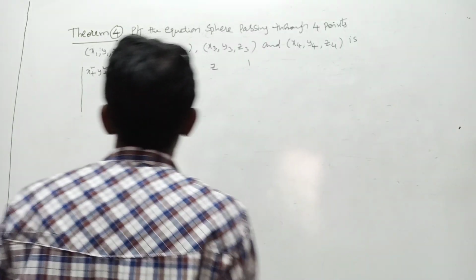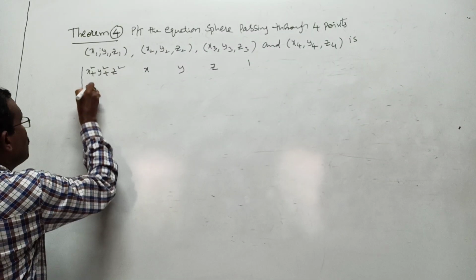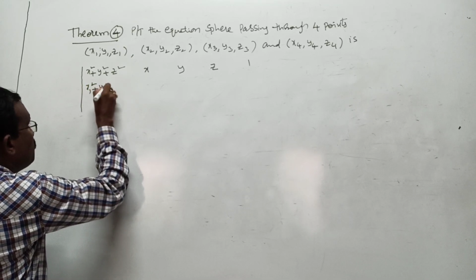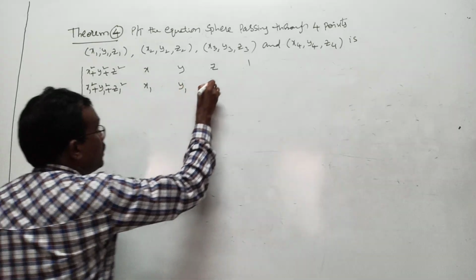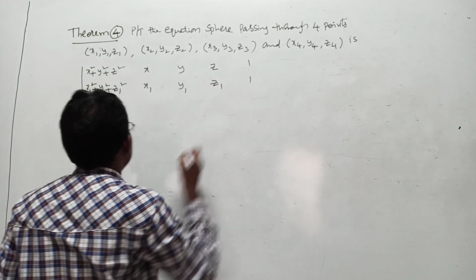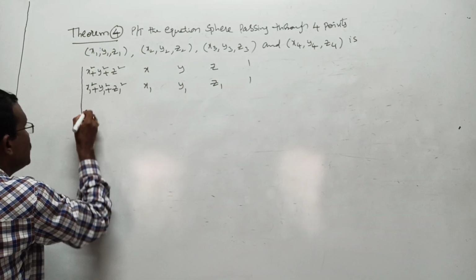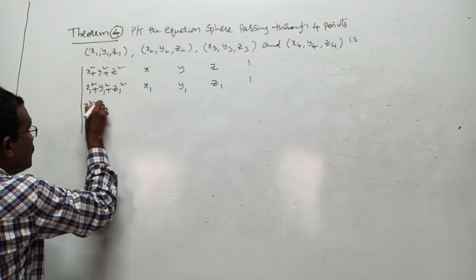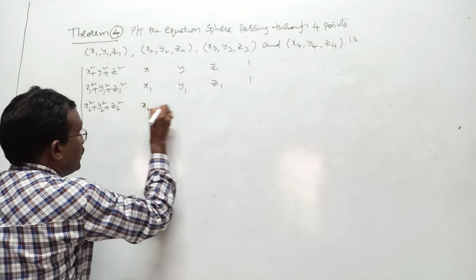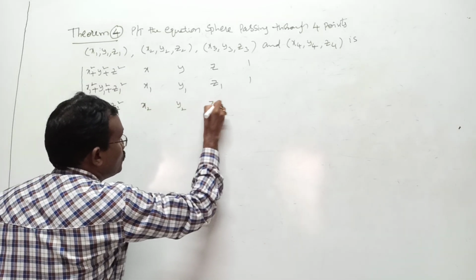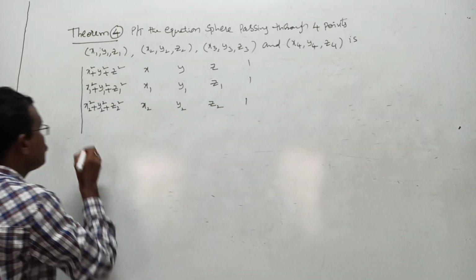Next, x1 square plus y1 square plus z1 square, x1, y1, z1, 1. Next row is x2 square plus y2 square plus z2 square, x2, y2, z2, 1.